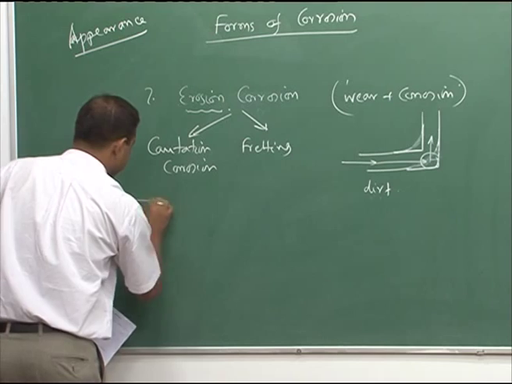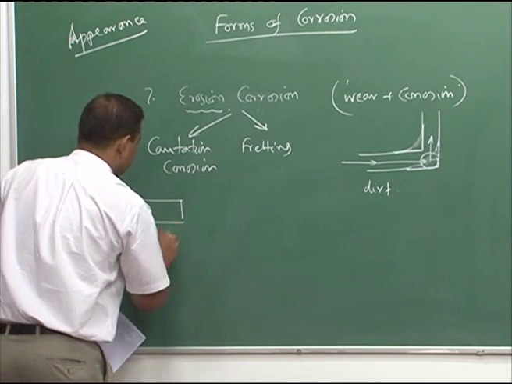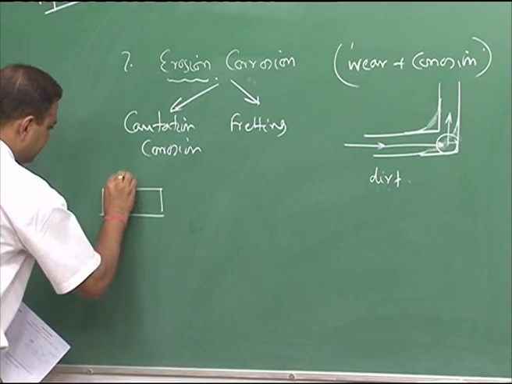So, cavitation: let us say I have a metal surface, and on that surface a bubble is formed.